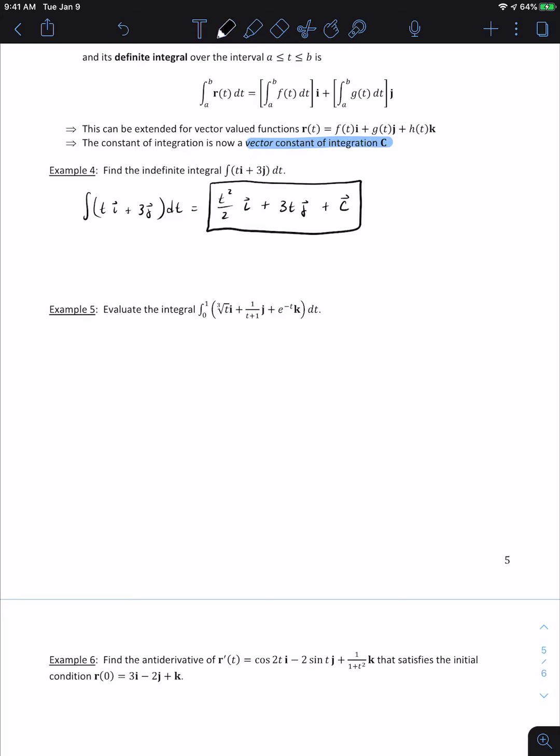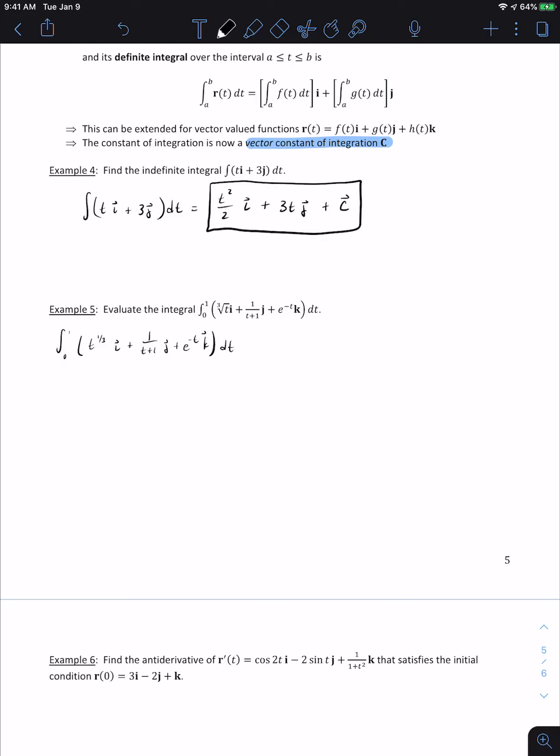Okay, so if I want to evaluate this, the integral from 0 to 1 of t to the 1/3, since it's the cube root, i, plus 1 over t plus 1 j, plus e to the negative t k dt.